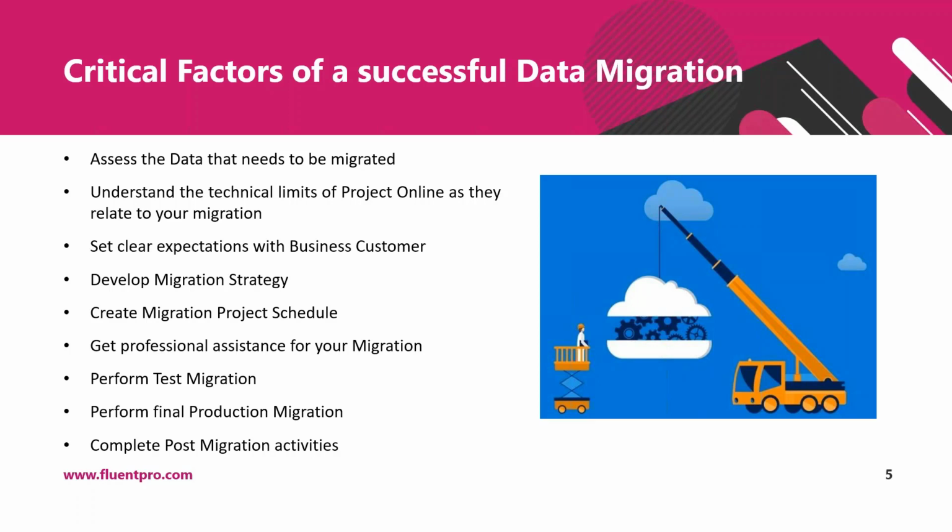Develop migration strategy. Migration strategy includes evaluating the scope of migration, prioritizing migration activities, identifying migration exceptions, and developing a mitigation plan. Getting familiar with the migration process and specifics of the migration tool. Create migration project schedule.